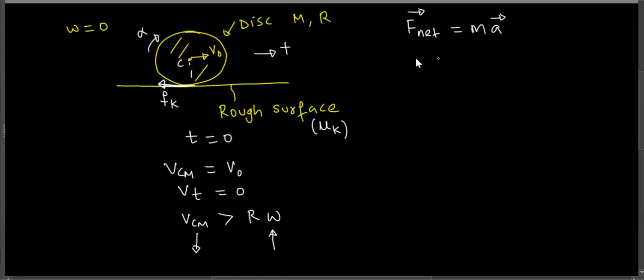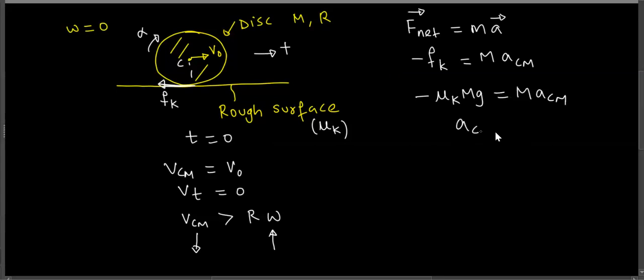So I have minus Fk equal to mass into acceleration of center of mass. We know that friction force is friction coefficient into normal, which is mu k mg. So the acceleration of center of mass is minus mu k g. That means the acceleration of center of mass is acting to the left, opposite.